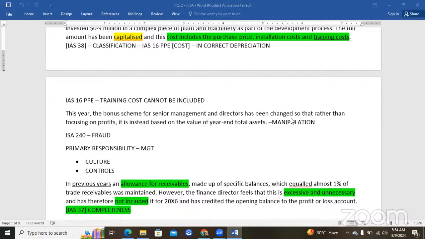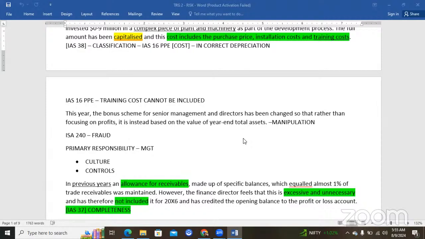And also, when it comes to manipulation, it is a fraud. So this particular change, I can say they are changing from profit to asset. So this change shows they can do fraud. You all know under the ISA 240 standard we studied, what is fraud? The concept of fraud is that management has primary responsibility to create an environment which is free from fraud.